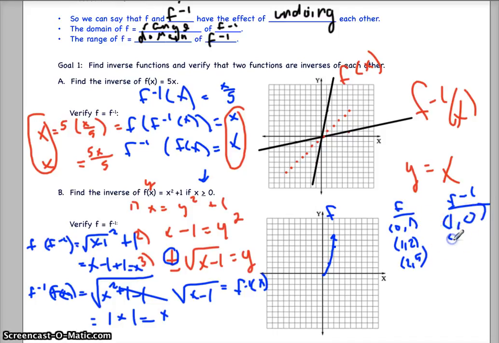If I plug in an x coordinate of 2, 2 minus 1 is 1. The square root of 1 is 1. That verifies. If I plug in an x coordinate of 5, 5 minus 1 is 4. The square root of 4 is 2, and that verifies. So let's plot those.